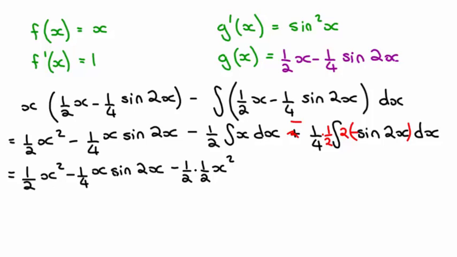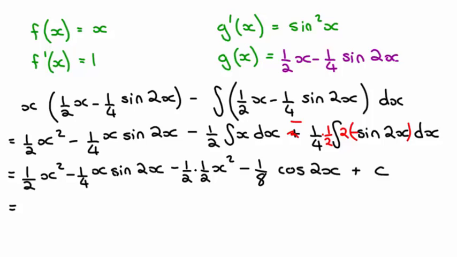So here I'm going to have negative, and then a quarter times a half is an eighth, and the integral of negative sine junk is cos junk, so cos 2x. And now I've integrated everything, so I add my constant of integration, and then I'm going to simplify.